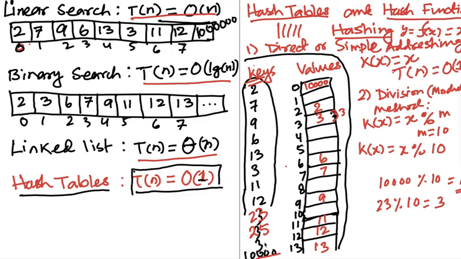And 25 modulus 10 will be 5, so 25 will be placed here. Coming back to 23, it goes to position 3, not index 23.